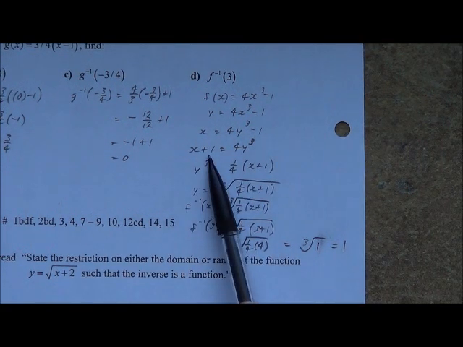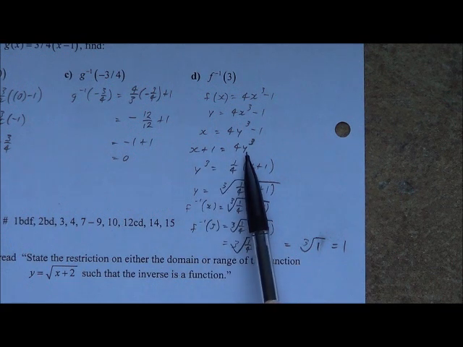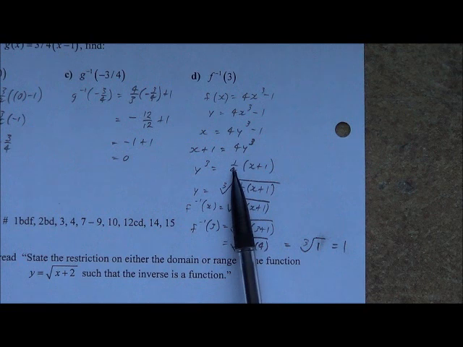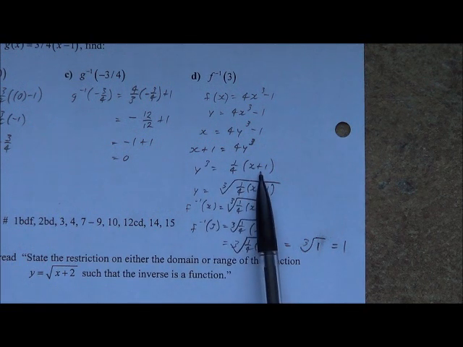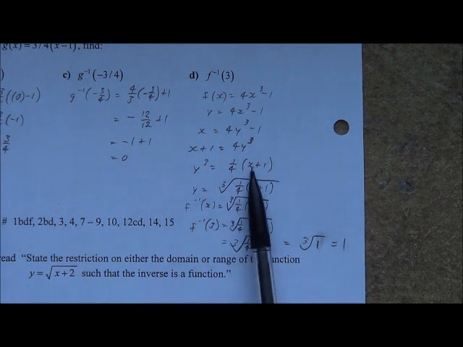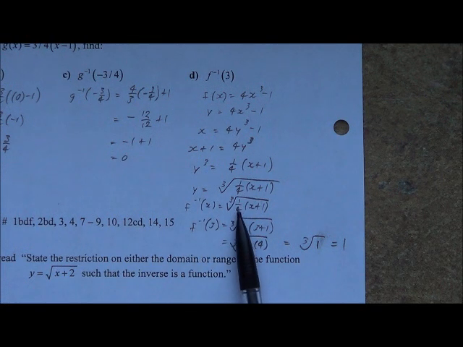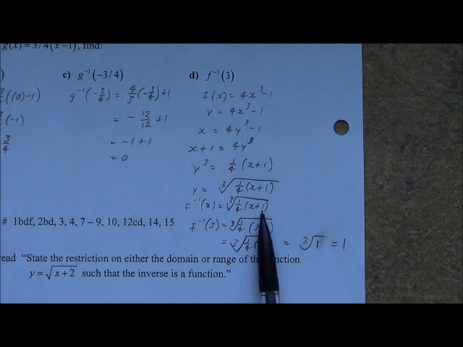Rearrange this formula so we get x plus 1, because we add 1 to both sides of this. x plus 1 equals 4y cubed. Then we divide both sides by 4, so we get 1/4 x plus 1, right there. And then we will take the cube root of both sides, so we get y equals the cube root of 1/4 x plus 1, which is then the inverse function.